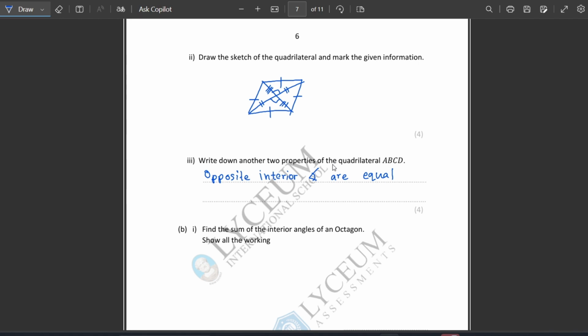Also we can say diagonals bisect the interior angles.